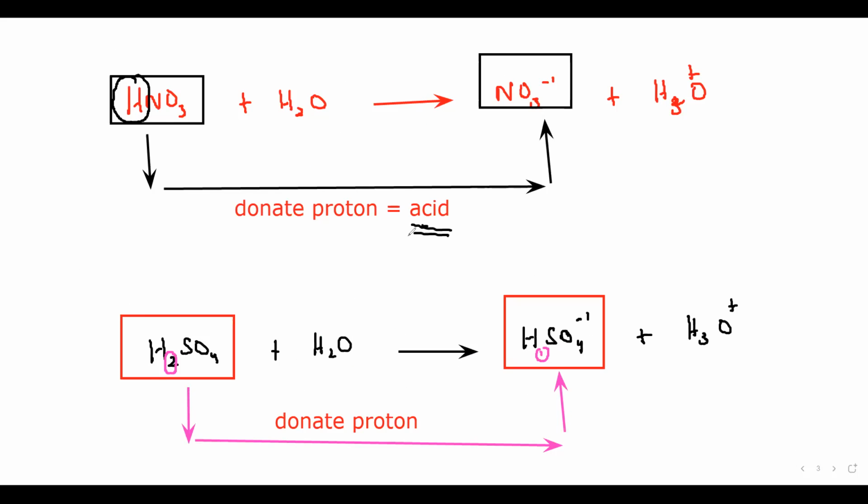Is it clear? The term proton or H plus is the same thing, because a hydrogen atom contains one proton and one electron, whereas hydrogen plus ion contains only proton. That's why acids are proton donors, or acids are H plus ion donors. Is it clear?